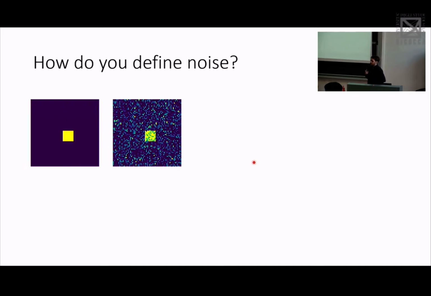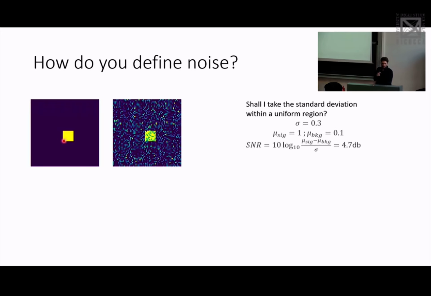So if you think about how you define noise, if I ask physics students, I come from the physics department, and probably the same will be with you who studied statistics, how you could define noise, and I show you this image, we'll measure the standard deviation here and do this kind of calculation.